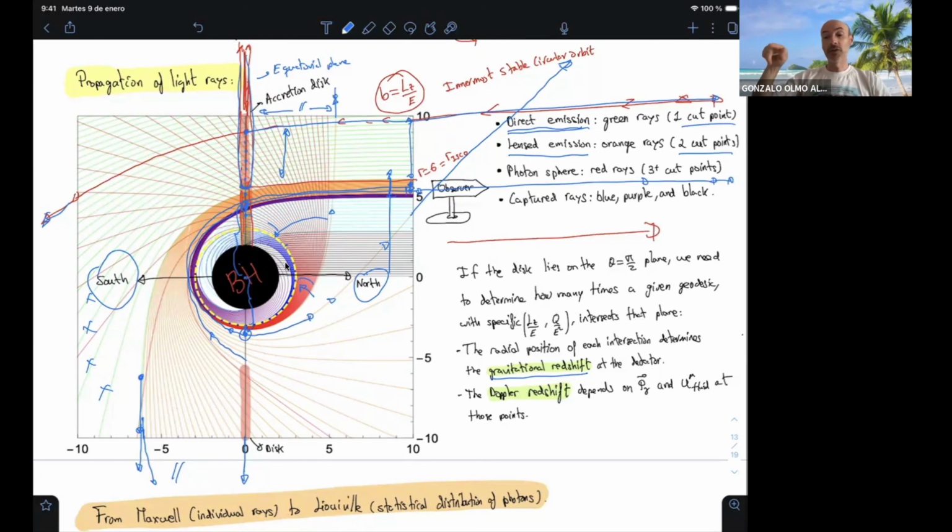If the accretion disk is rotating, the particles that emit the photons have an initial velocity, and that velocity induces a Doppler effect, Doppler redshift or blueshift. To compute that Doppler effect, we need to know the velocity vector of the emitting particle.